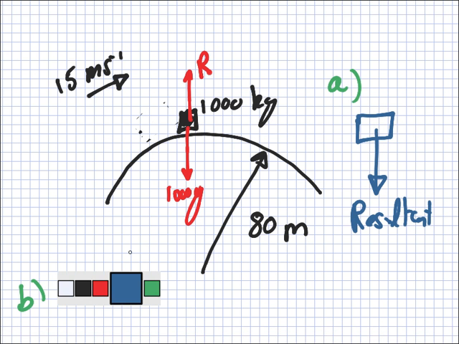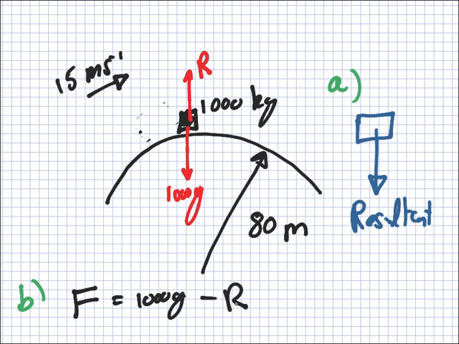What is the magnitude of the resultant force? Alright, so the resultant force, we'll call it F, will equal 1000 g minus R. But the problem is we don't know the R. But because the resultant is a circular force, you can use the formula mv squared over r, because we know m, v and r.